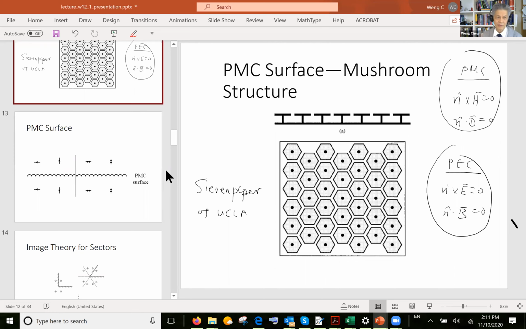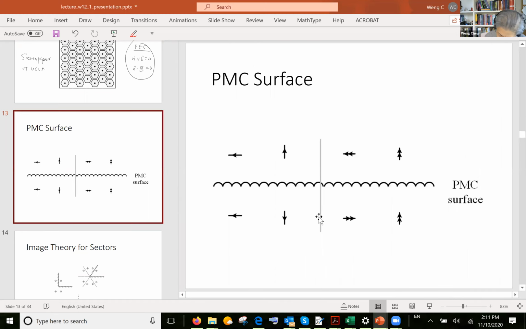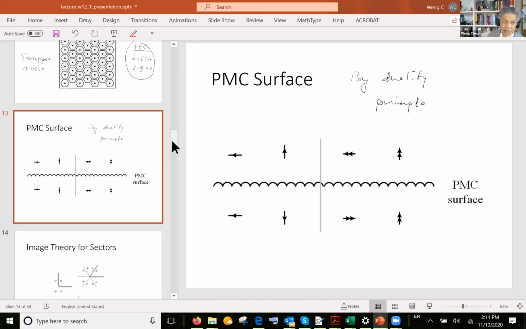Okay, so you can get to that quite easily, and it's not too difficult using the duality principle. So let me just write down that you can understand this using the duality principle. Any questions on this?